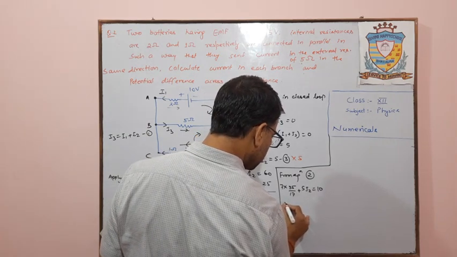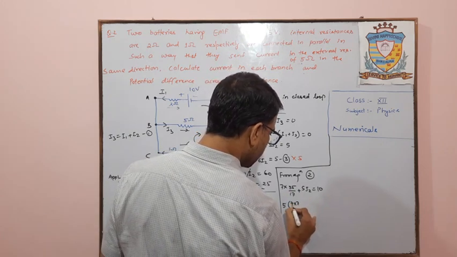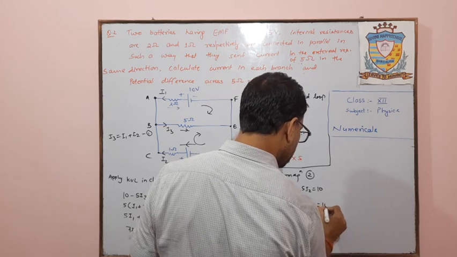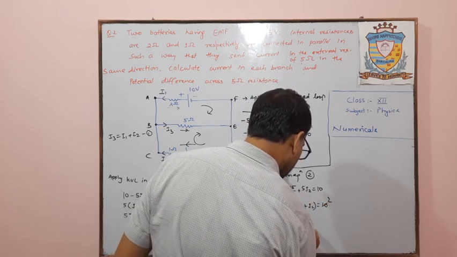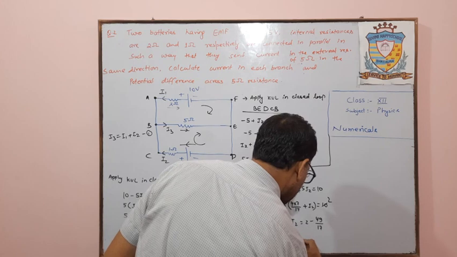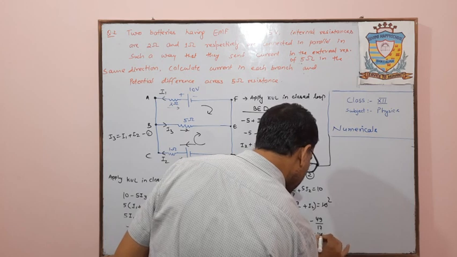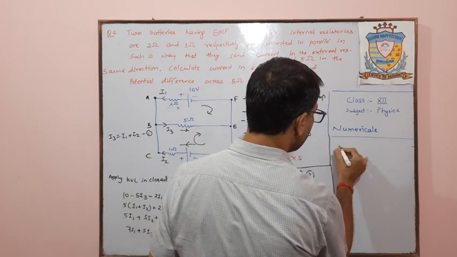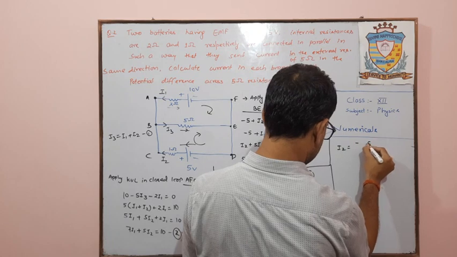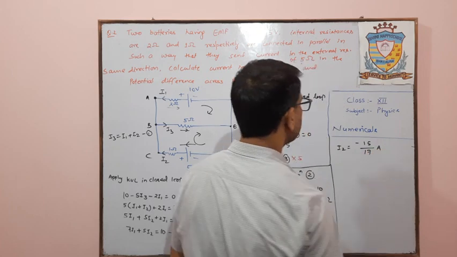So here it becomes 5 times (7 into 7 upon 17 plus I2) is equal to 10, or I2 is equal to 2 minus 49 by 17. Taking 17 as LCM, I2 is equal to (34 minus 49) by 17, or I2 is equal to minus 15 upon 17 ampere.